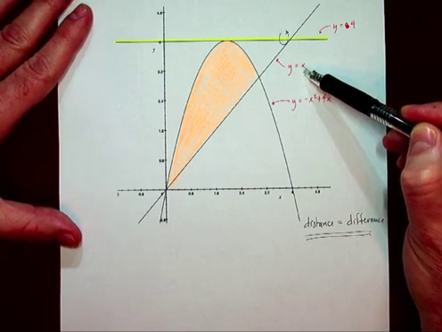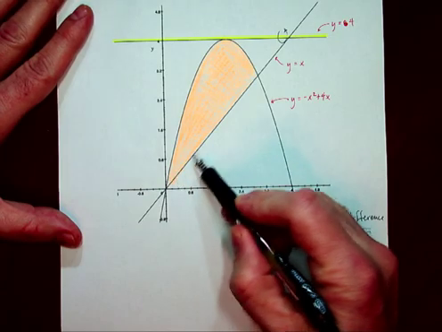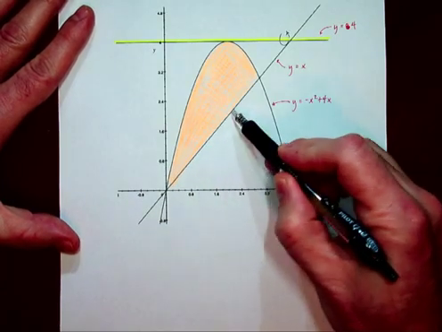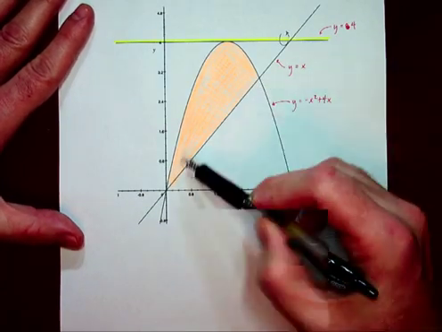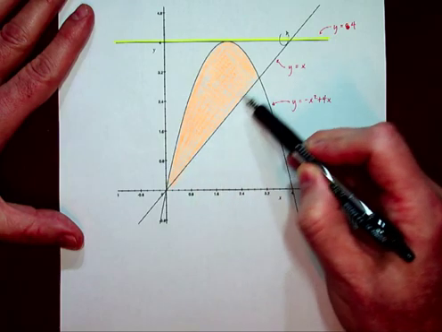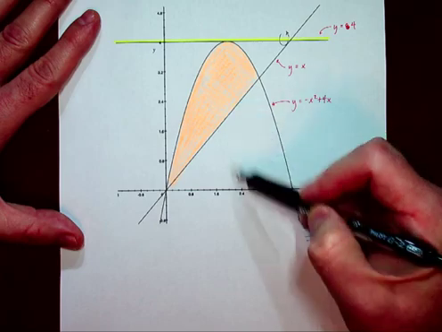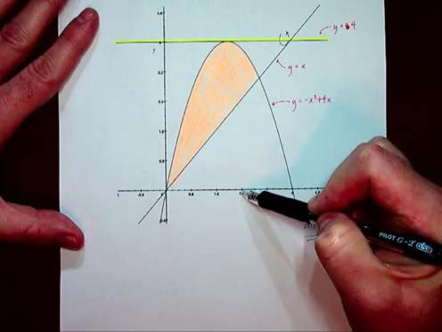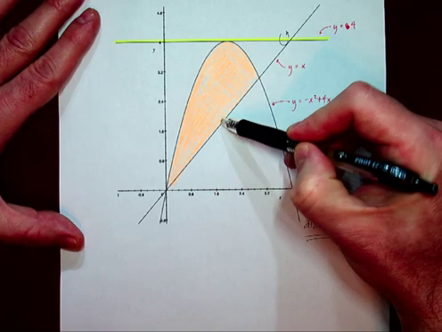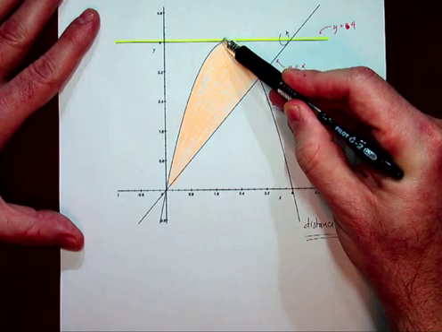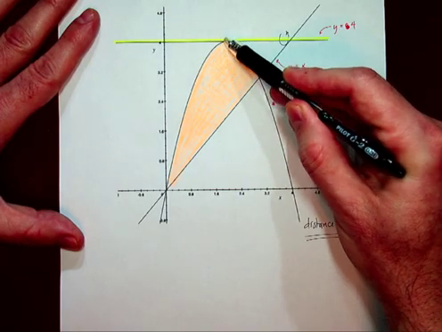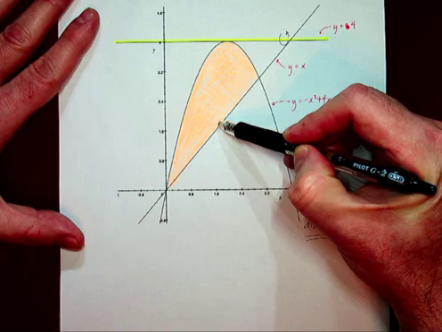So basically every point on here is the ordered pair (x, x). And the distance between here and the axis is x. The distance between here and this axis of revolution, y equals 4, is 4 minus x.